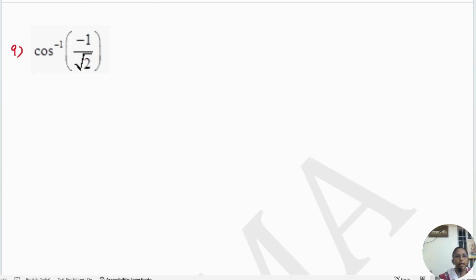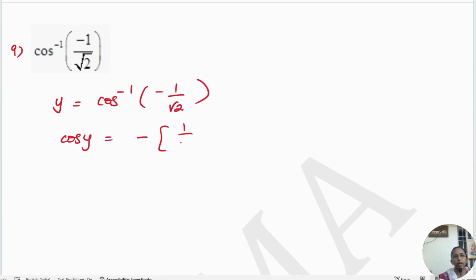And for question number 9, cos inverse of minus 1 by root 2. So cos y is equal to minus of 1 by root 2. So in terms of cos it is cos of pi by 4, so minus cos of pi by 4. And we know cos of pi minus theta is equal to minus cos theta.